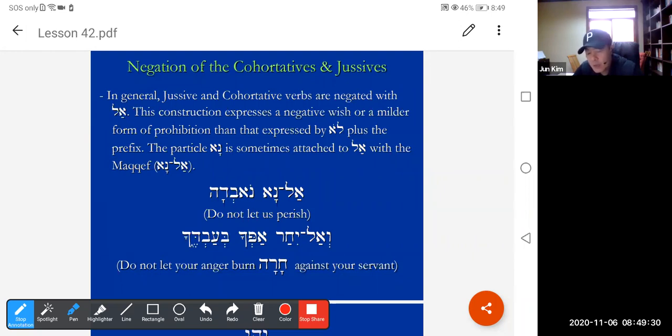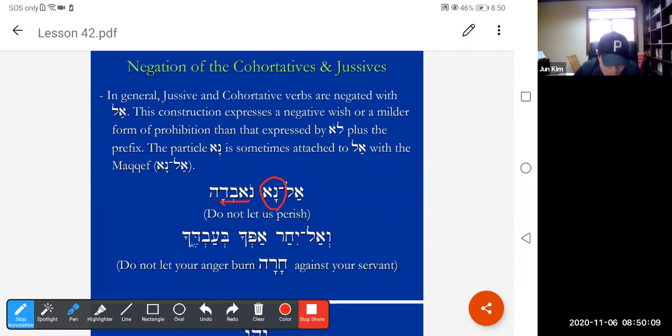But since the symptom of shortening will not be expected all the time, we still need to focus on the context to be able to recognize the jussive form. But once again, the first example is quite a good one because it comes with na. Okay. And what about this? Oh, this one is not for jussive, but this one is for causative.